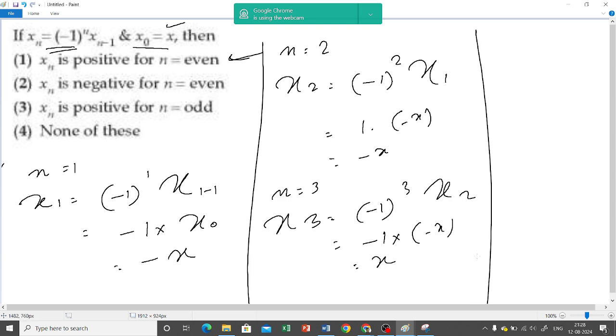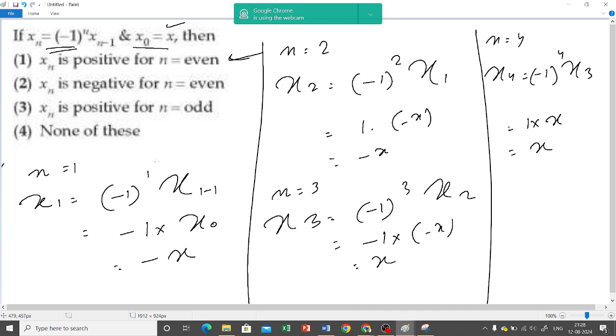Okay. Now if I take n is equal to 4, what will I get? I will get x4 is minus 1 to the power 4 into x3. Okay, x4 is coming x.